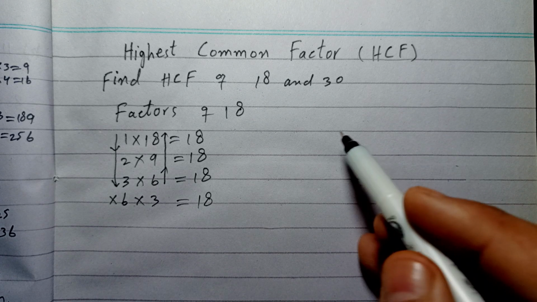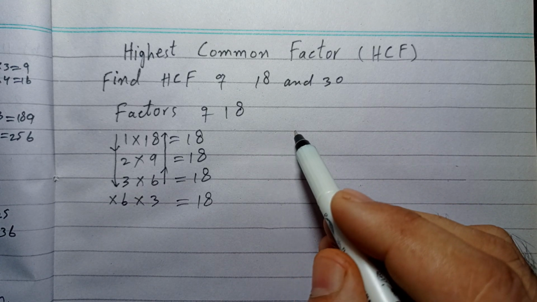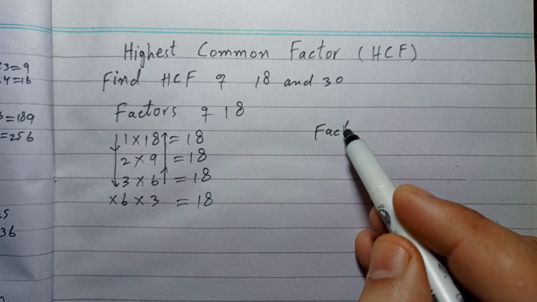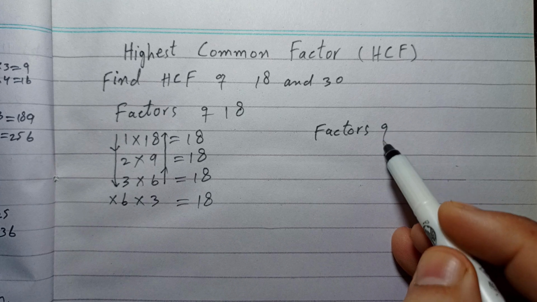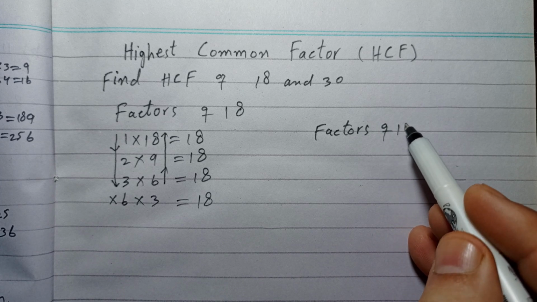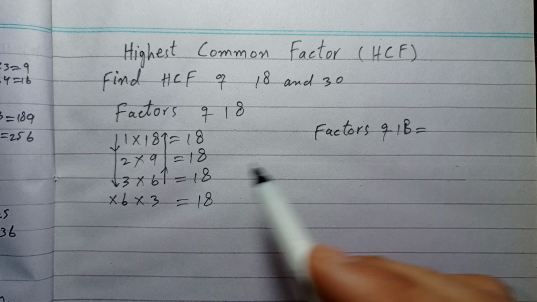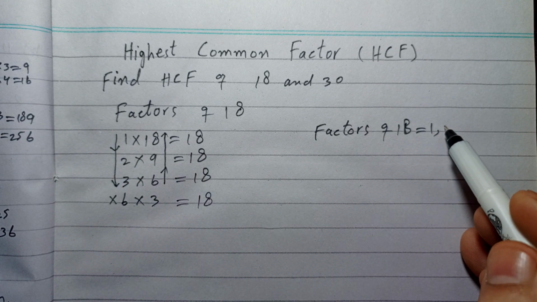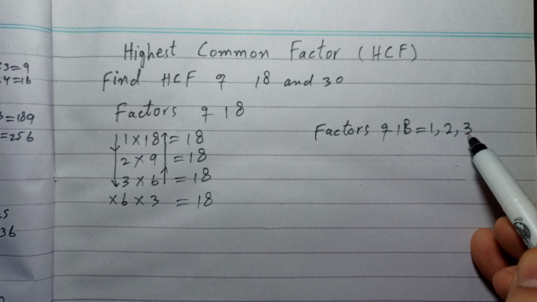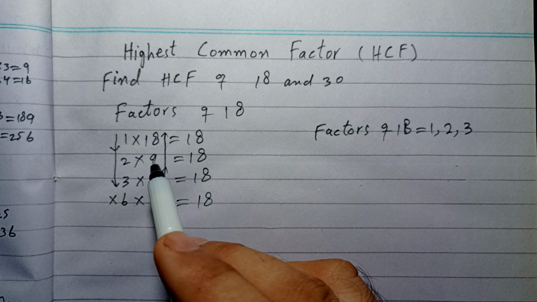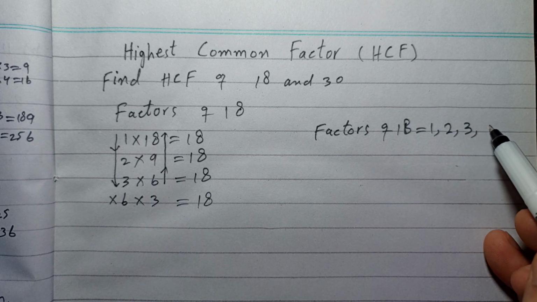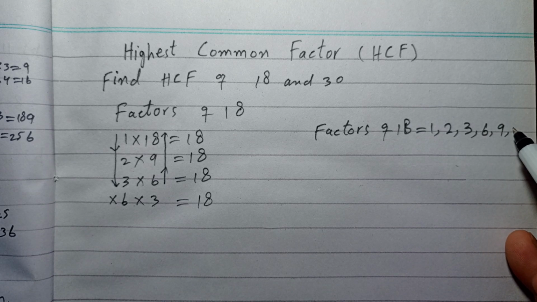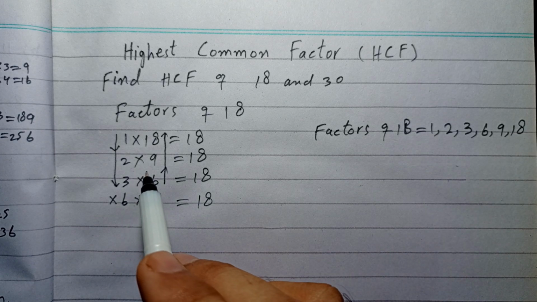Now I am writing the factors of 18 here: 1, 2, 3, 6, 9, 18. These are the factors of 18.